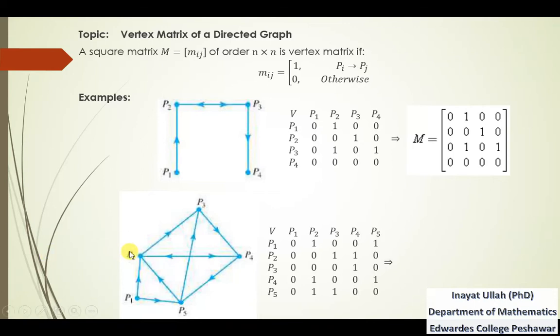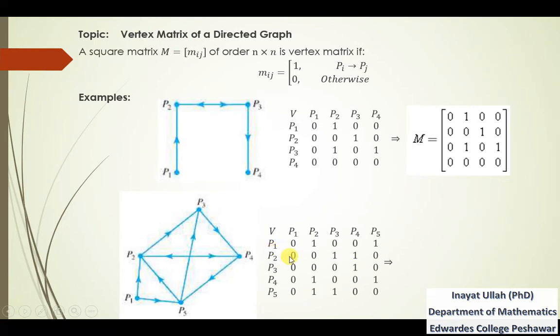There is no edge from P2 to P1, so that's why this is 0. And from P2 to P2 there is no edge. From P2 to P3 there is an edge, so that's why this is 1.